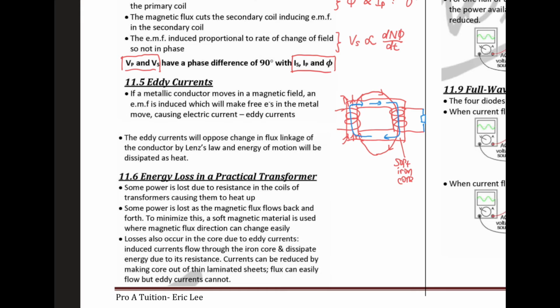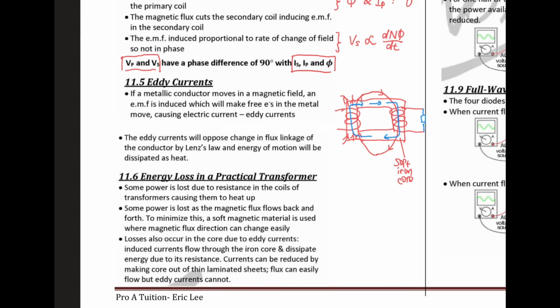So this eddy current, of course, causes two problems. It makes change in flux linkage more difficult because it's opposing it, and then it causes energy loss as heat.